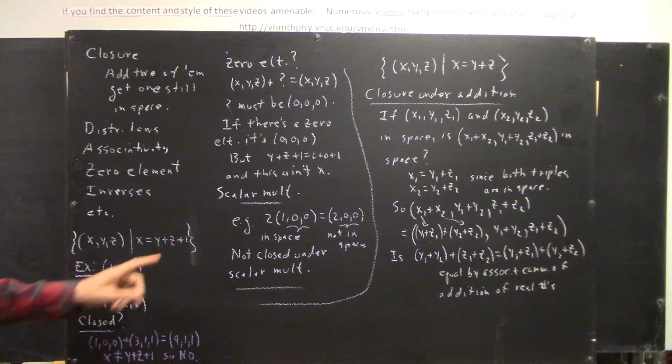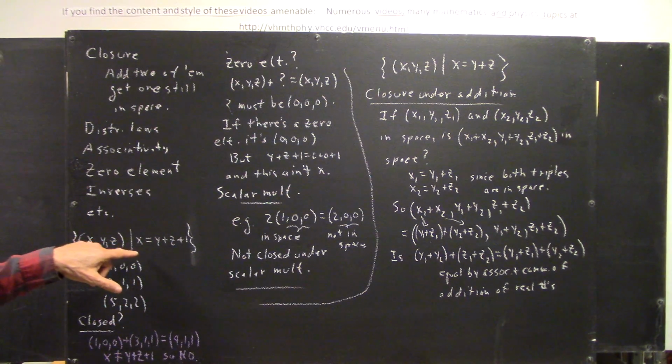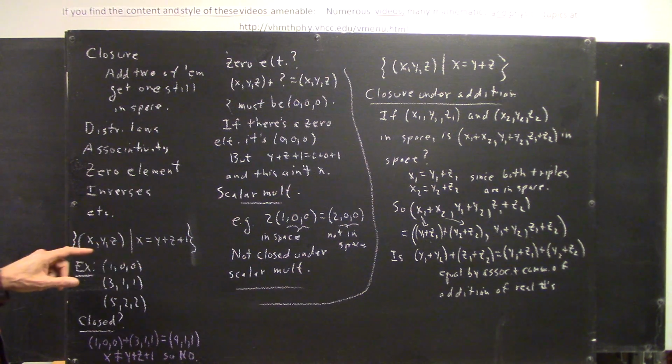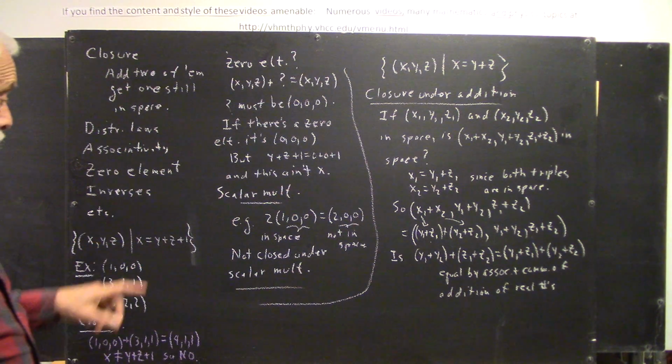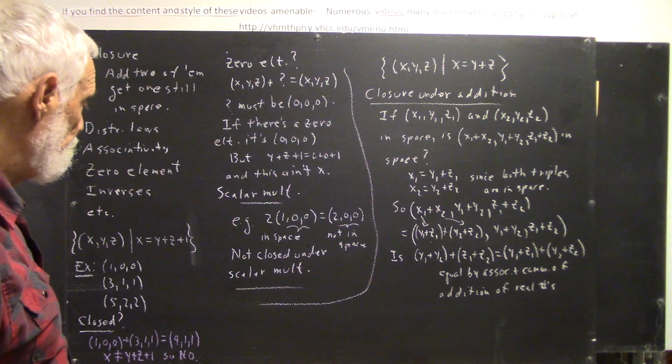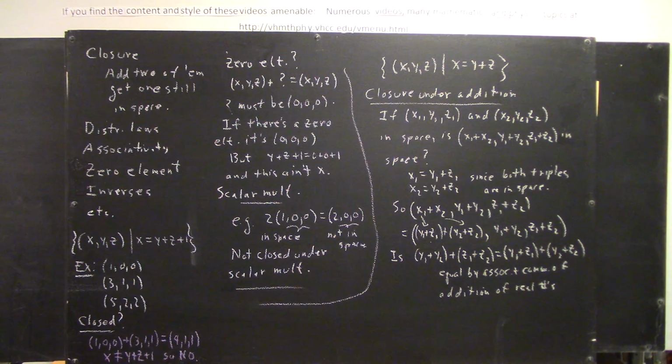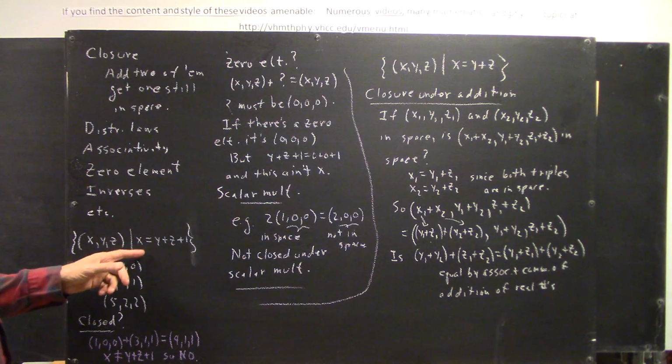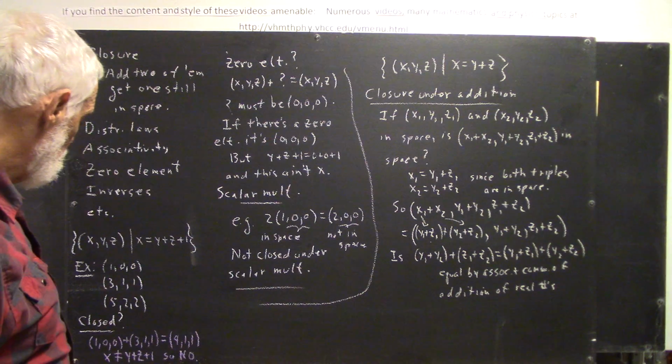Now, we start by understanding what this tells us about the ordered triple x, y, z. It tells us that x is the sum of y and z and 1. So I asked everybody to write down an example, or a couple of examples, of ordered triples that satisfy this, and people did real well with that.